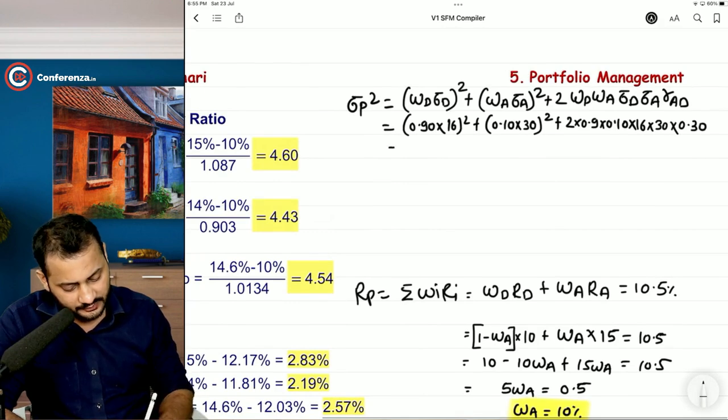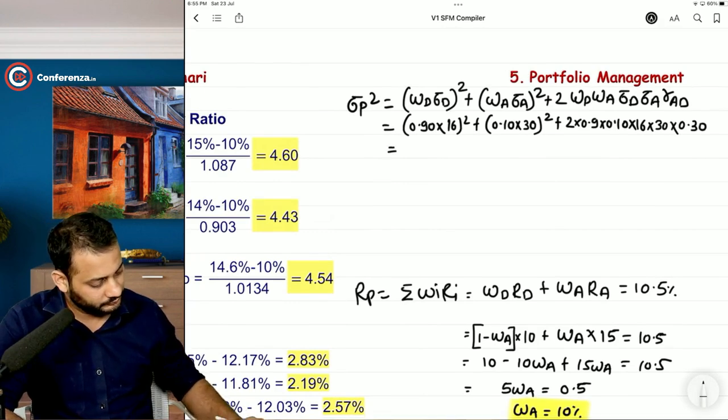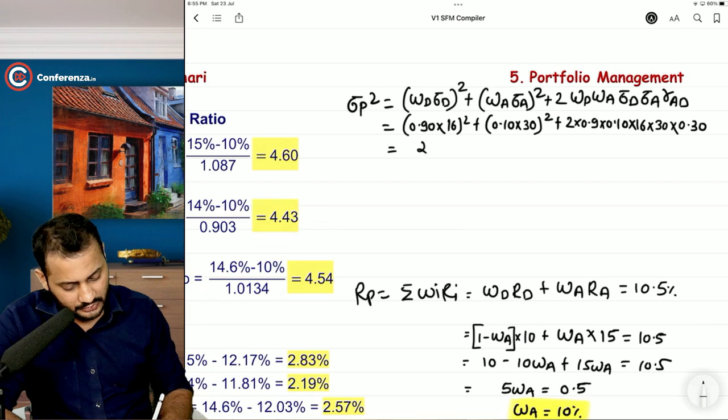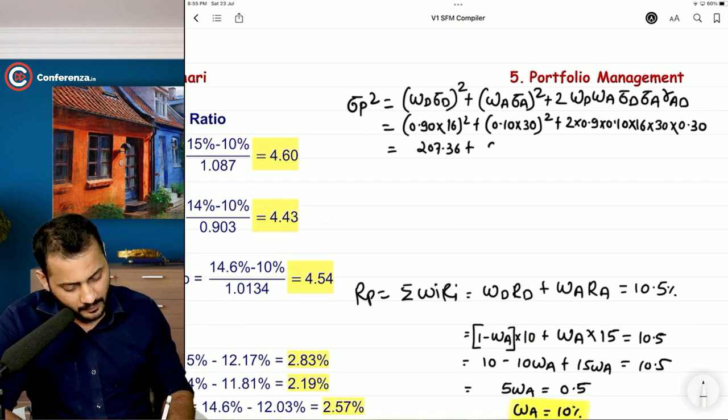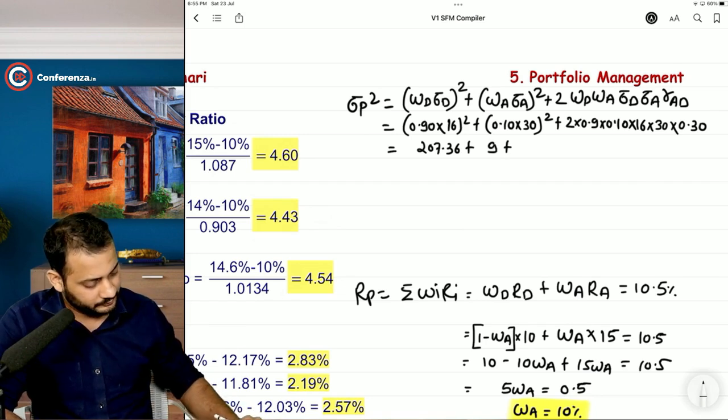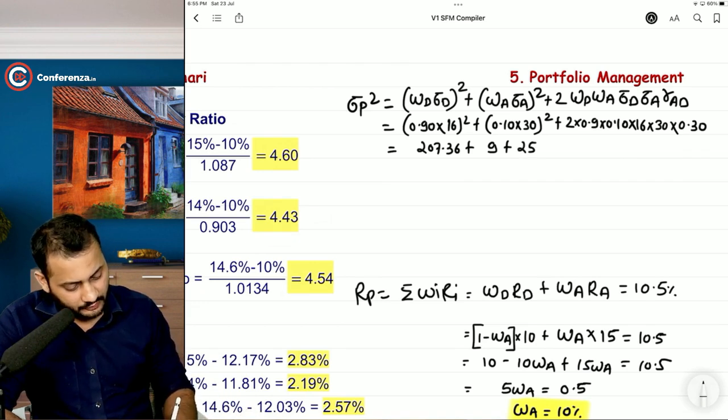Let's solve this. 207.36 plus 9 plus 25.92.